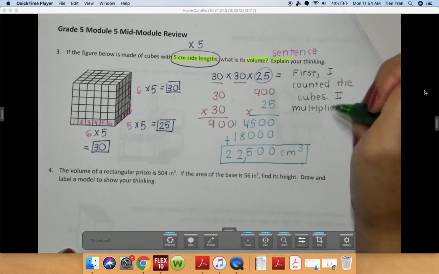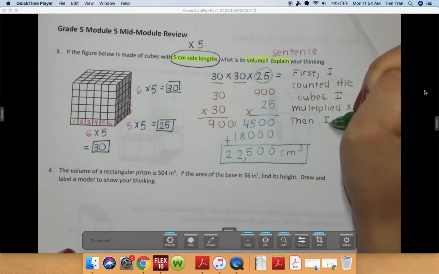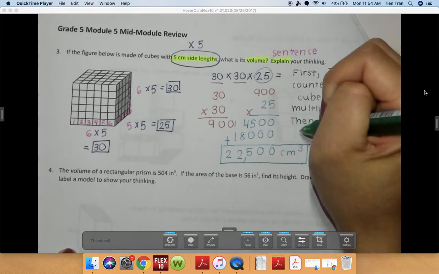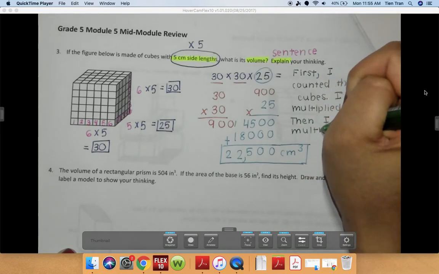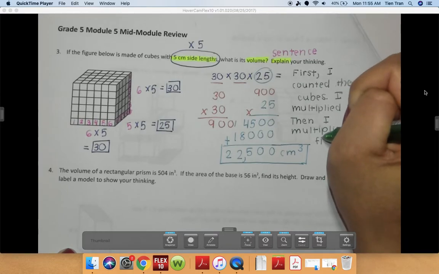Then I added, then I multiplied to find the volume.